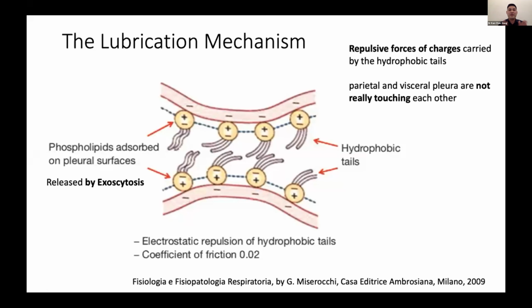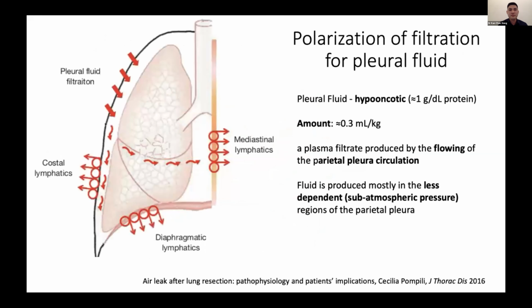So imagine you have 2 negative charges, they try to repel each other. So the electrostatic repulsion produced by these tails is what produces the sliding movement. Therefore, in reality, these 2 membranes are not touching each other. They have a very low coefficient of friction, which is only about 0.02.